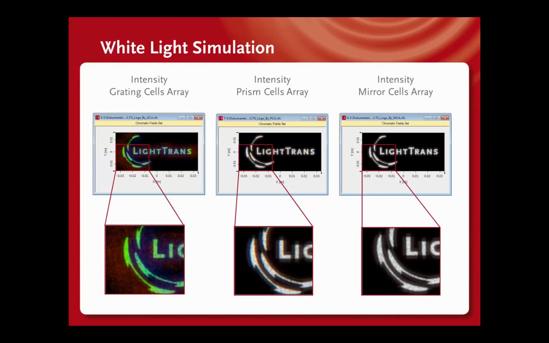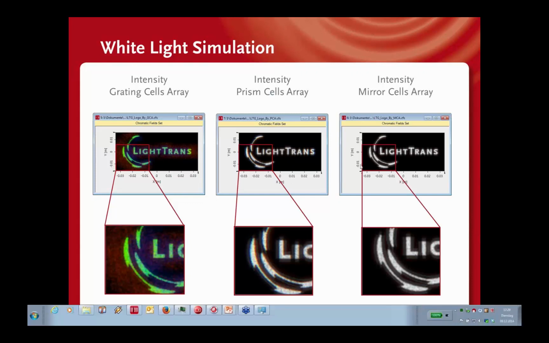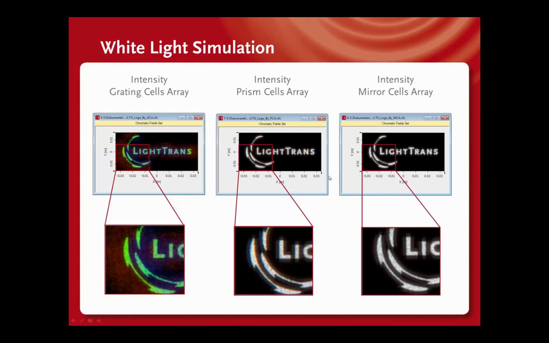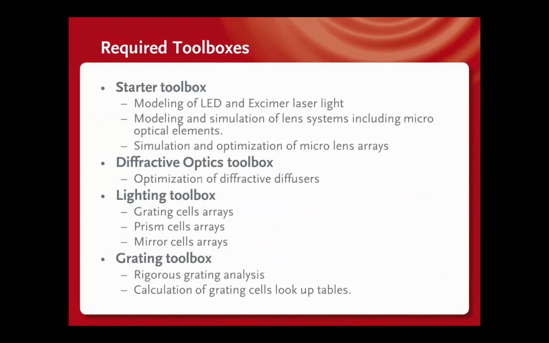So if you get some data, for example, in an ASCII file or in an Excel file, then it is possible to import this power spectrum data into VirtualLab. Okay, and I will show you later on an example how many wavelengths you should really use for the simulation. So let's skip this for one moment.